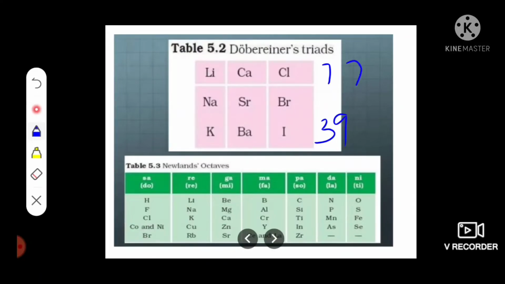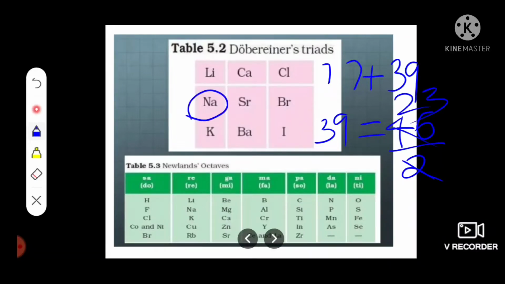The average of this equals 7 plus 39, which is 46, divided by 2, which equals 23. The average atomic mass of lithium and potassium is equal to the atomic mass of sodium. Like that, the atomic mass of the middle element strontium is the average of the atomic masses of the first and last, barium.